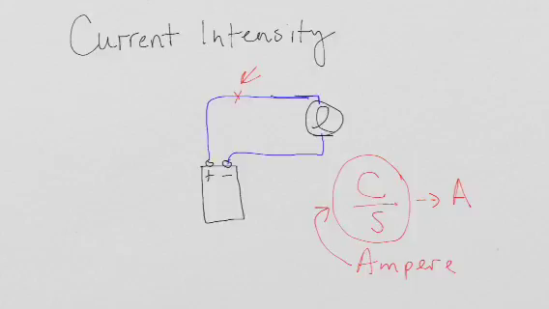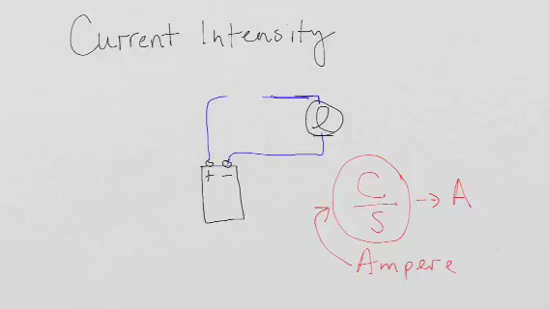All right? And here's the deal. When we have an actual circuit and we want to measure current intensity, instead of having a little X there, we actually have a machine whose job it is to measure the amount of coulombs per second that are going through this circuit.